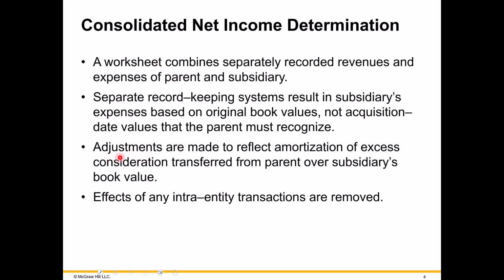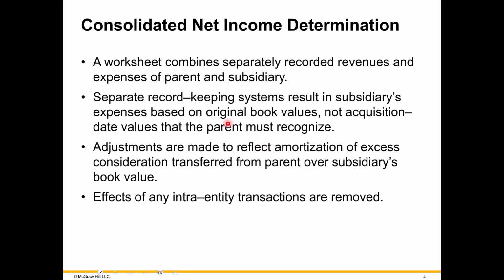Here it mentions an adjustment that we're familiar with from a past chapter, because probably the parent had paid more than the book value on the books of the subsidiary's stockholders' equity. So that excess is probably attributable to some undervalued asset of the sub that now has to be depreciated or amortized each year.